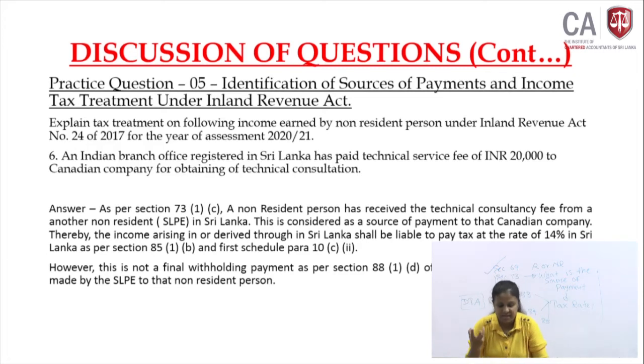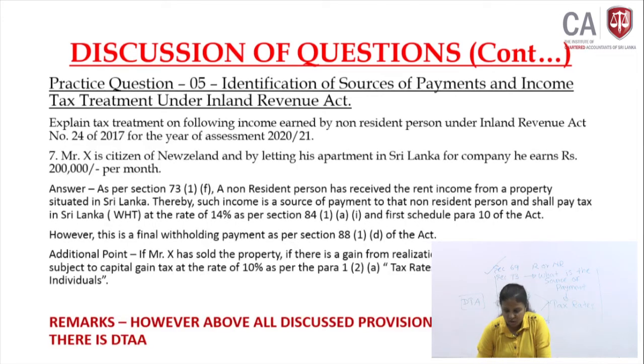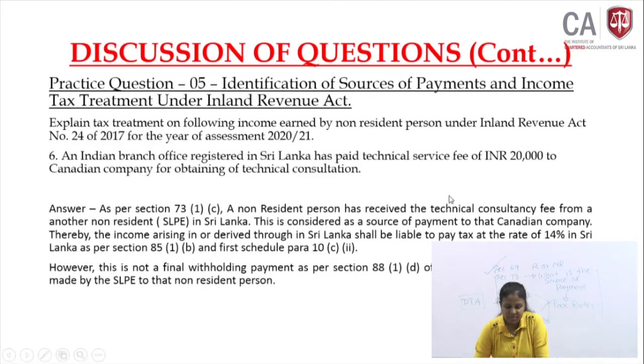For what is the source of payment? Technical service fee. Then how is the income tax rate applicable to the technical service fee? Where has it been mentioned in the Inland Revenue Act? Section 85 subparagraph 1b. Can you remember we have gone through these areas? Thereby this is subject to 14% withholding tax.